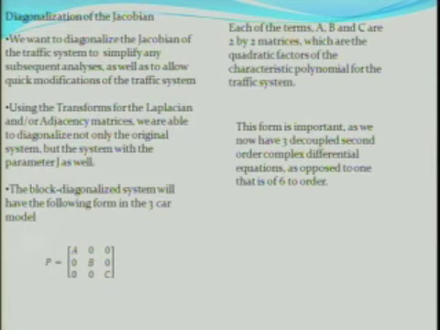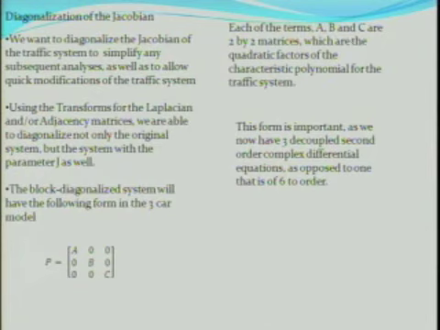These matrices give the equations for the specific modes of the oscillations that occur in our system. So A, B, and C would each be a separate mode that you would consider. This form is also important because now we have 3 decoupled second-order complex differential equations as opposed to one that's 6th order. So it would be much quicker to analyze.